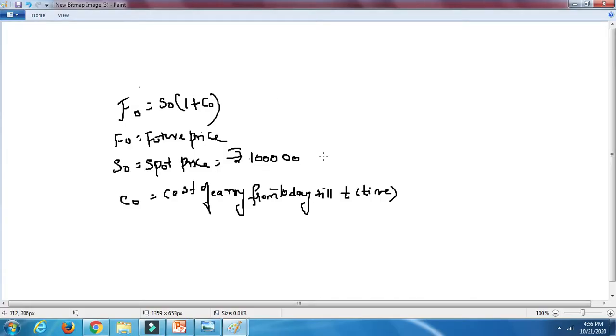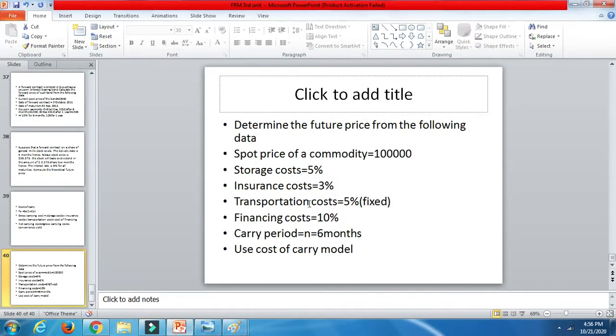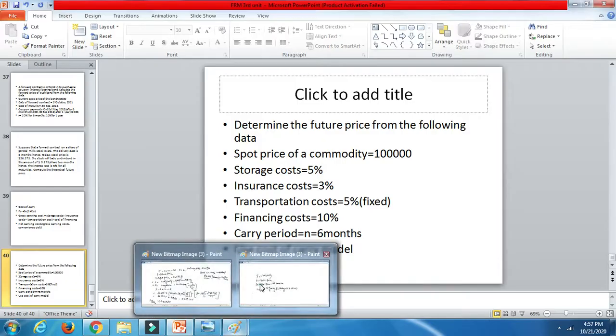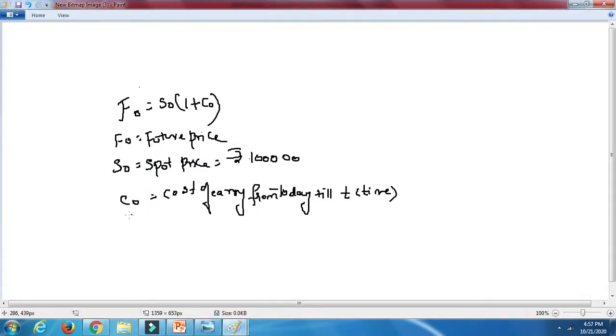Now in the question he has given different costs: interest rate, storage cost, insurance cost, transportation cost, financing cost for 6 months. So you need to use all the costs for 6 months and do the valuation. Let me show you that. Now your cost of carry: n is given as 6 months.